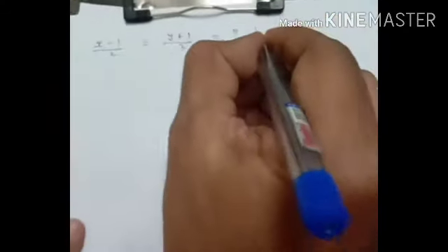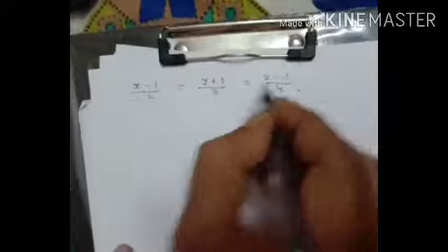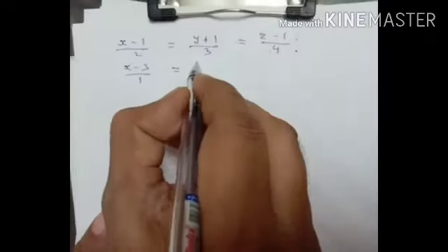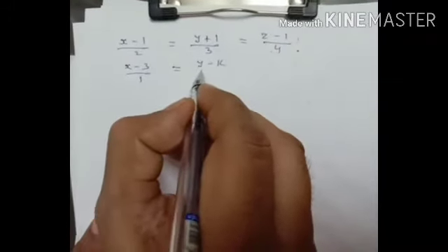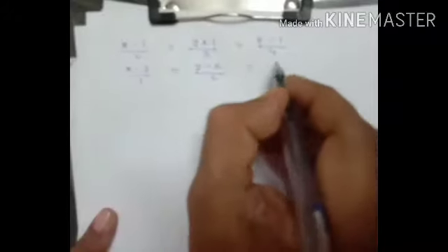Next example. Equations of two lines in Cartesian form are given. (x - 1)/2 = (y + 1)/3 = (z - 1)/4. The equation of the other line: (x - 3)/1 = (y - k)/2 = z/1.